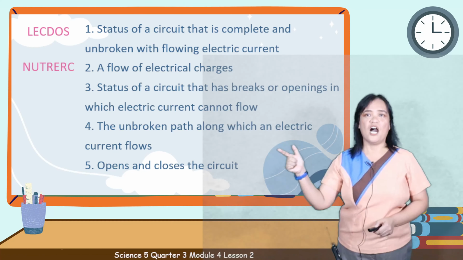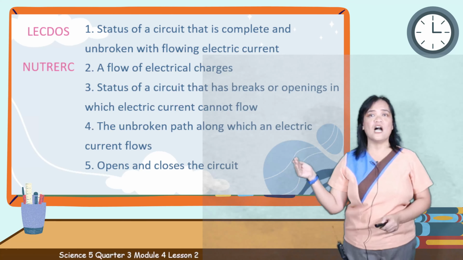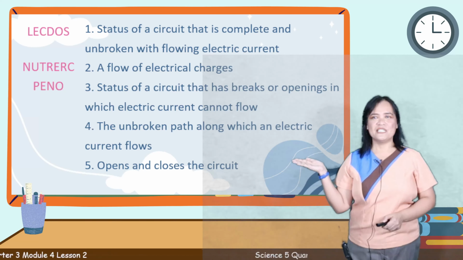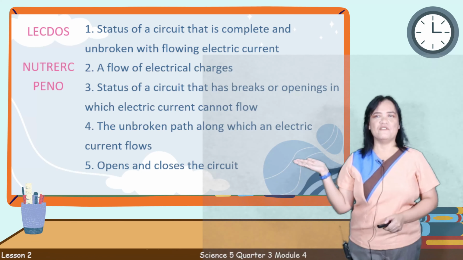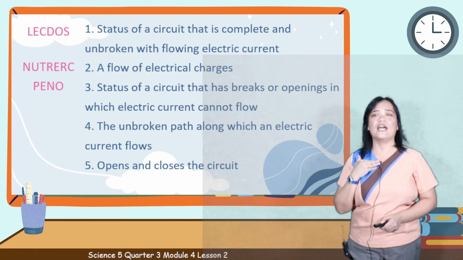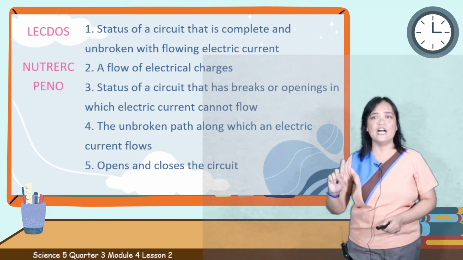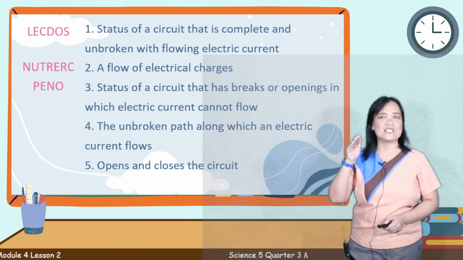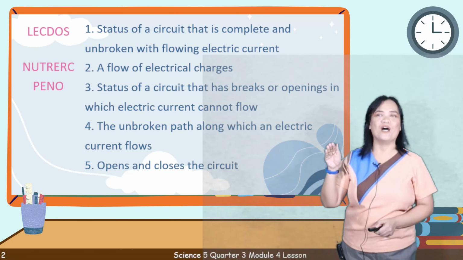Number 2, a flow of electrical charges. What do you call that? Number 3, status of a circuit that has breaks or openings in which electric current cannot flow. There is a gap. Okay, there is no complete path. What do you call that?